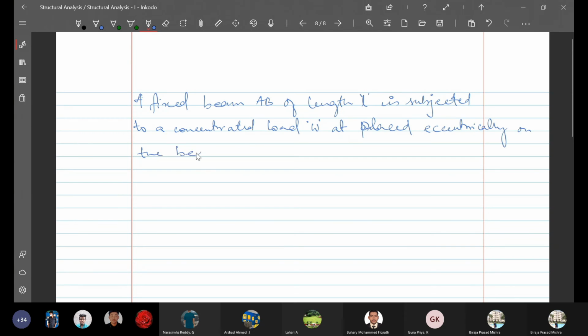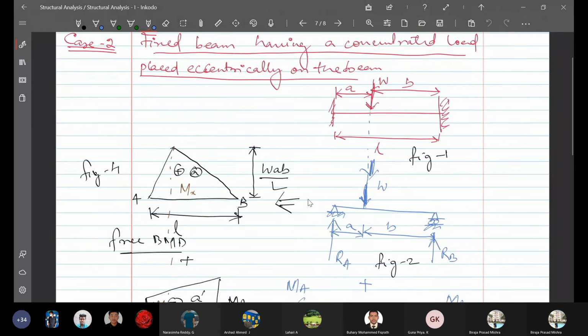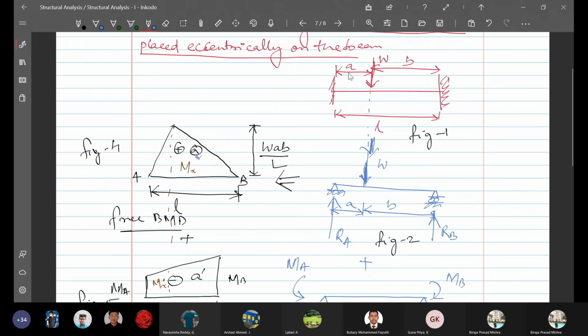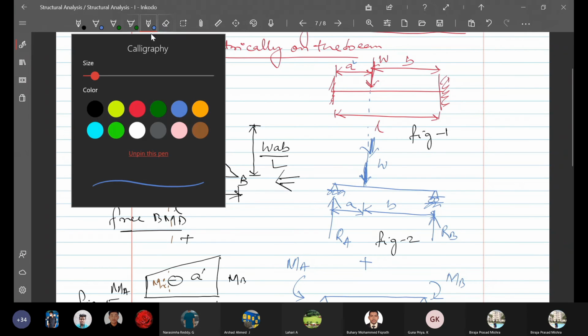on the beam such that AC equals A. Guys, please don't confuse this A and this A. Let me write here the area of this one as capital A, so that confusion will not be there.